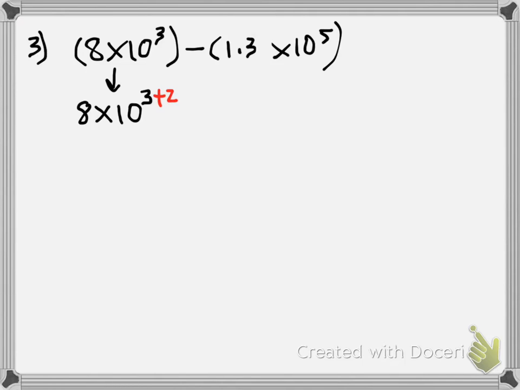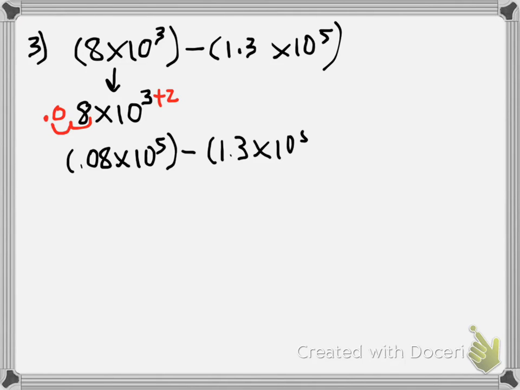Yeah, it's going to take 2 from 3 to get to 5, so I'm going to have to move the decimal point over twice. So that creates 0.08 times 10 to the 5th minus 1.3 times 10 to the 5th. So now I have 0.08 take away 1.3 times 10 to the 5th.